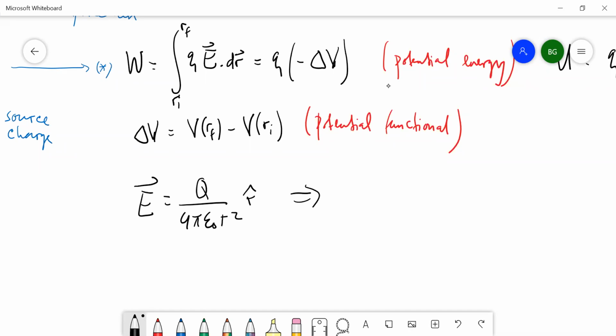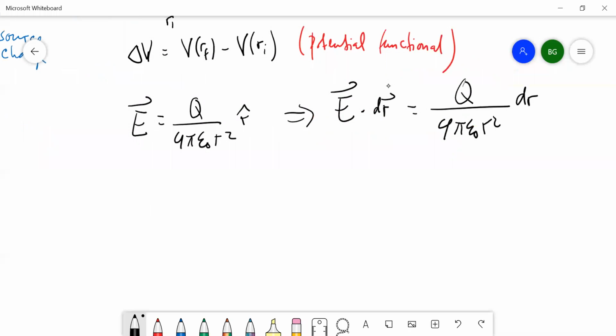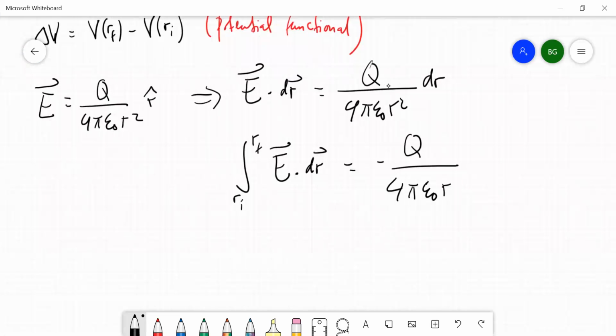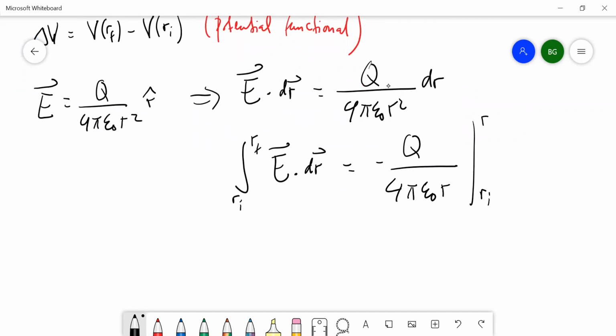This one, E dot dr, should be Q over 4 pi epsilon 0 r squared dr. So if you integrate from Ri to Rf, this is minus Q over 4 pi epsilon 0 r from Ri to Rf.